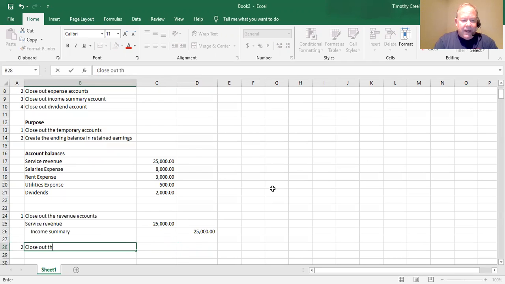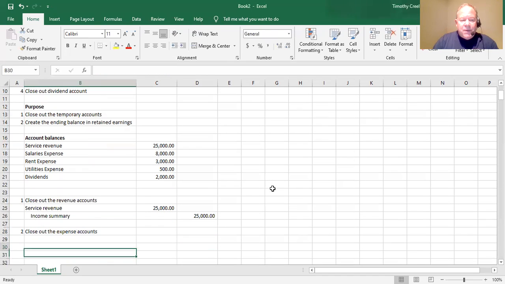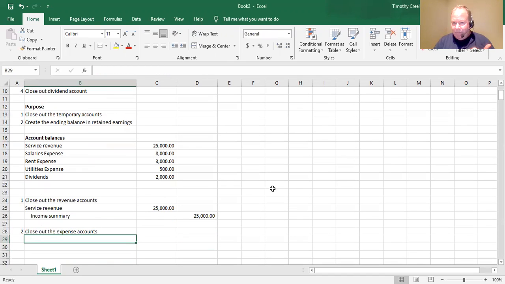is you want to close out the expense accounts. Now, expense accounts have a normal debit balance. So if you want to close out an expense account to zero, you need to credit that account. So we're going to start with our debit, which is going to be to income summary.